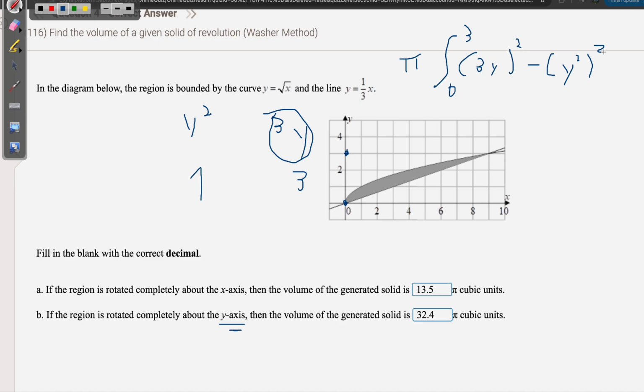So pi times from 0 to 3 again, 3x all of it squared. You could use x, which is what I'm doing on the calculator, instead of y. Only on the calculator, do not do it in the question. So minus x squared squared, which is x to the 4, which gives 32.4 pi, which is the answer.